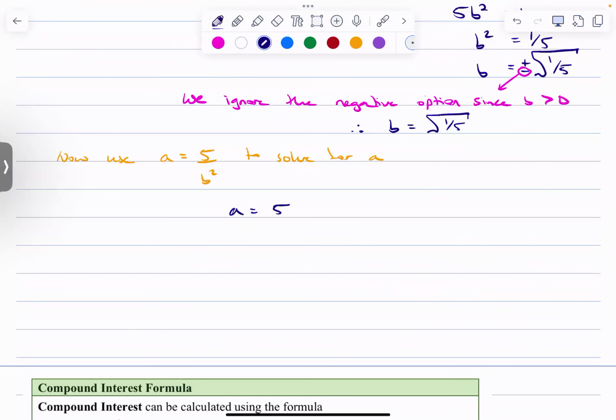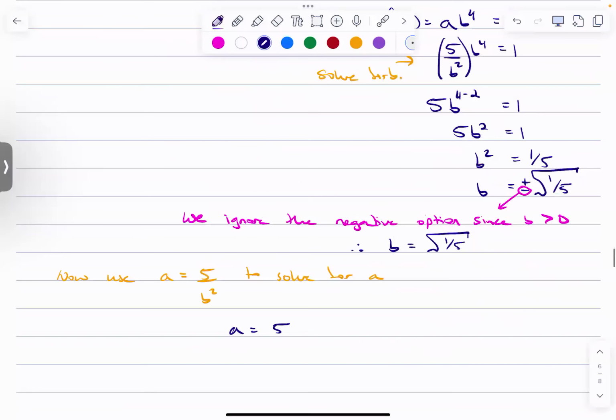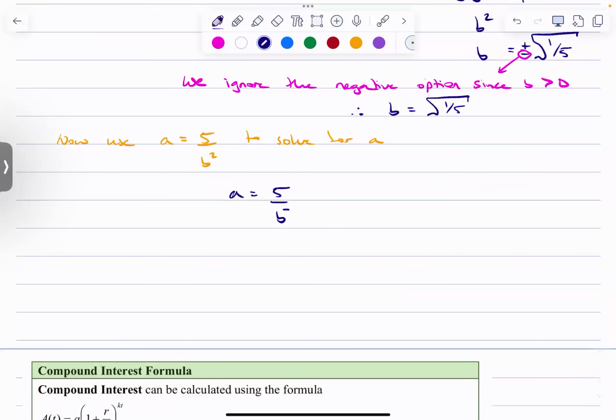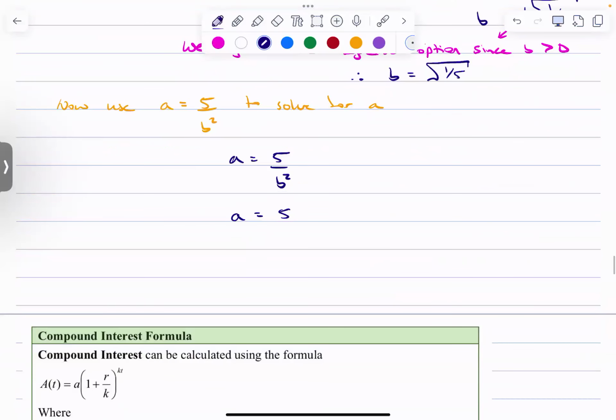A is 5. Let me make sure that I'm using b². Yeah, good. So a is 5 divided by the square root of 1/5 squared, which gets me to 5/1/5. Right?